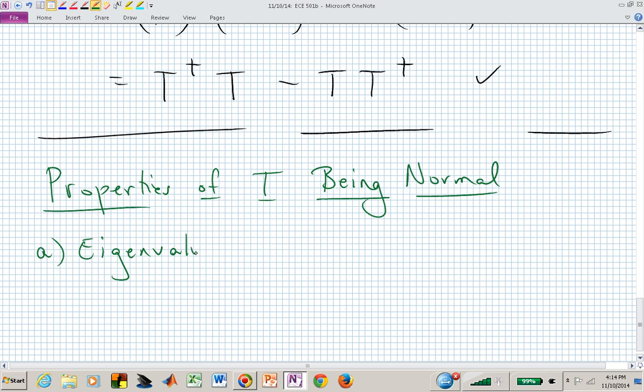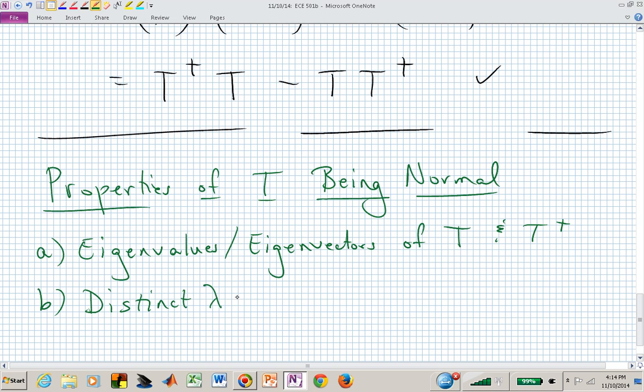Let's look at first the eigenvalues and the eigenvectors of this normal operator T and its adjoint. And then we will look at what happens when we have distinct eigenvalues of a normal operator T, and we'll see that that actually implies that the eigenvectors are orthogonal.